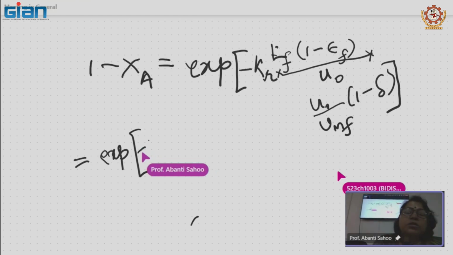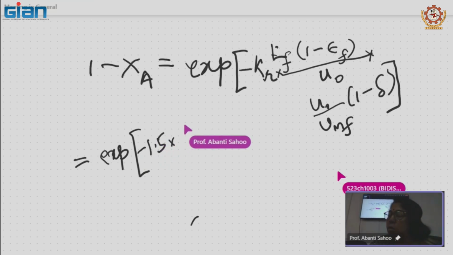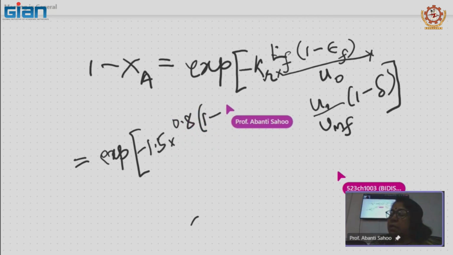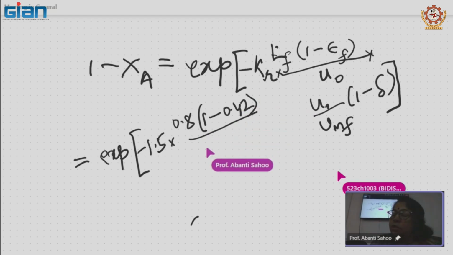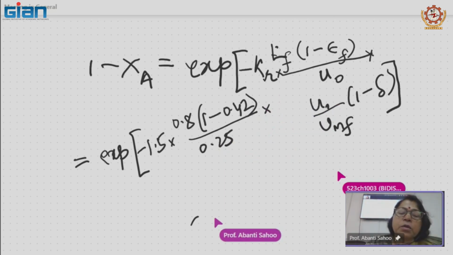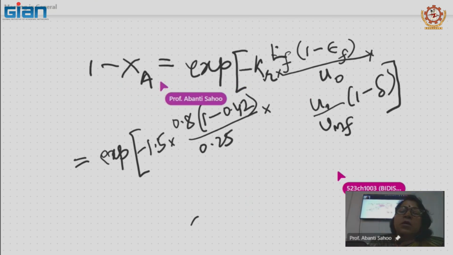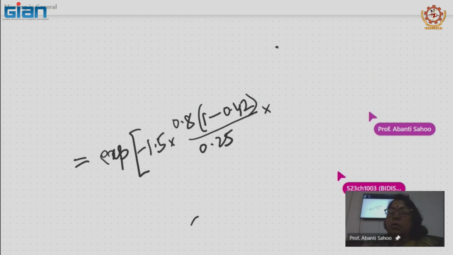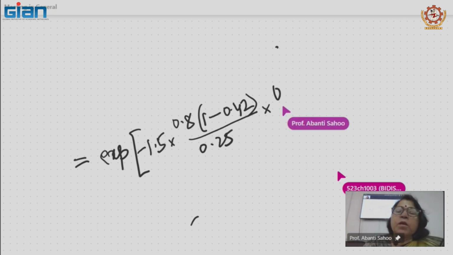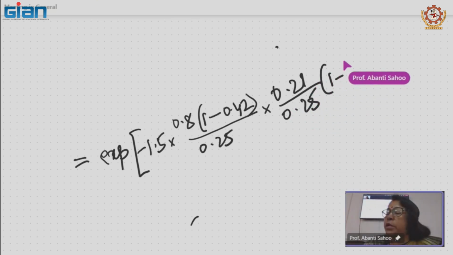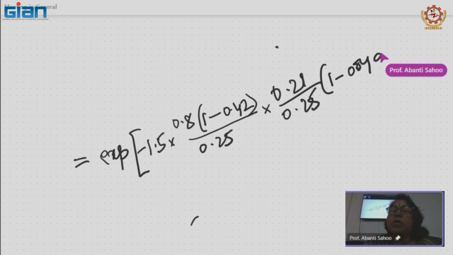So, minus 1.5 into L_f 0.8 is given, into 1 minus epsilon_f, given as 0.42, divided by U0 0.25, into this term we have to multiply now, U0 by U_MF, 0.21 by 0.25, into 1 minus delta, delta already calculated, 0.0493.